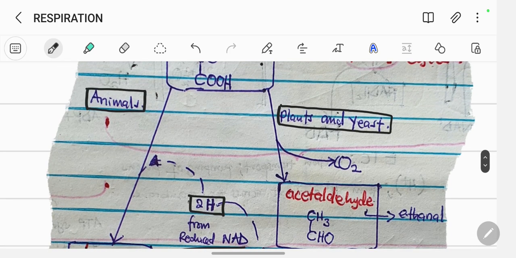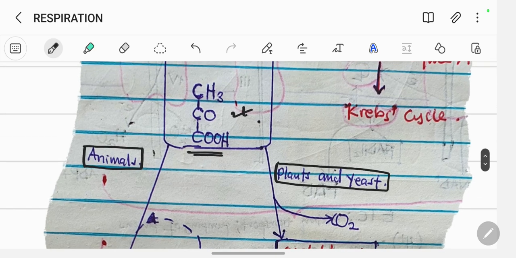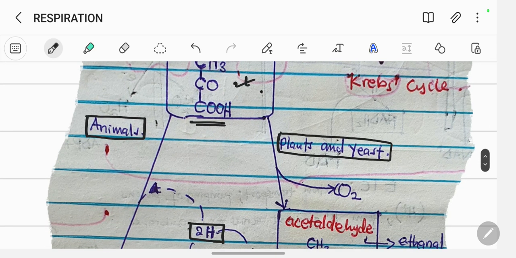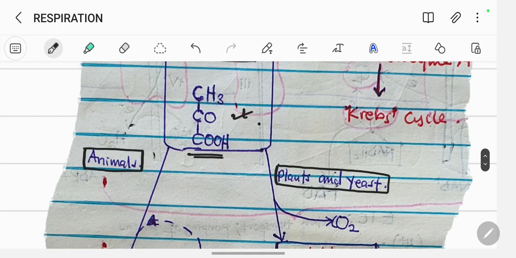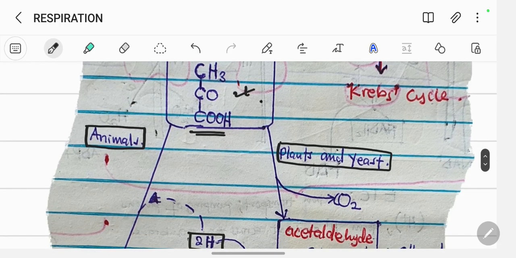So when you look at animals, after lack of oxygen, this pyruvic acid is going to be reduced. NAD will look for where to put the hydrogens in the electron transfer system. There is none, then it will come back and fetch this pyruvate. Instead of pyruvate entering the mitochondria, it's going to be given the hydrogens.